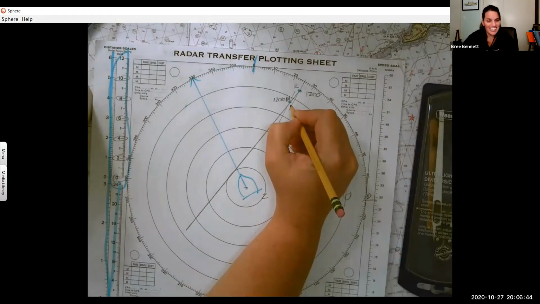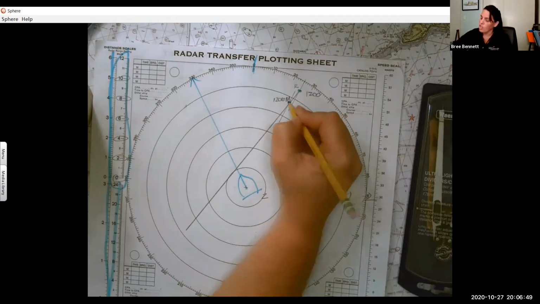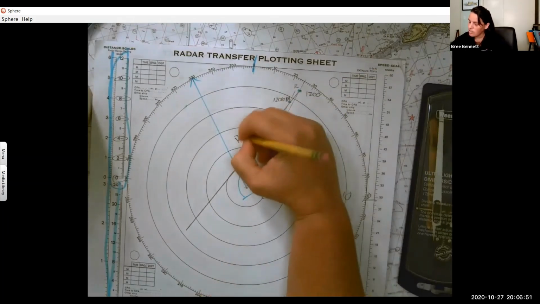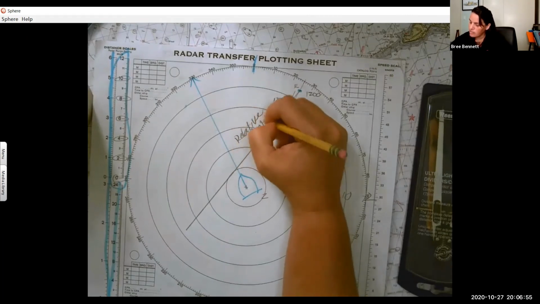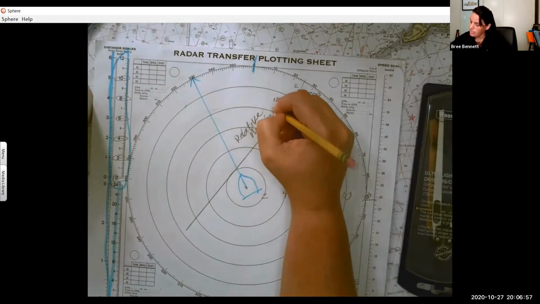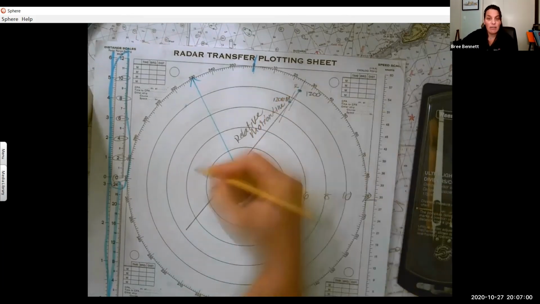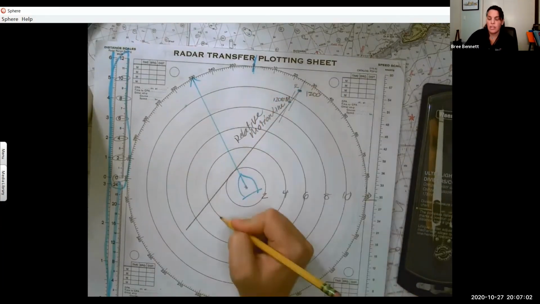Relative motion, right? Our relative motion line. If we connect R to M, we are creating that relative motion line.